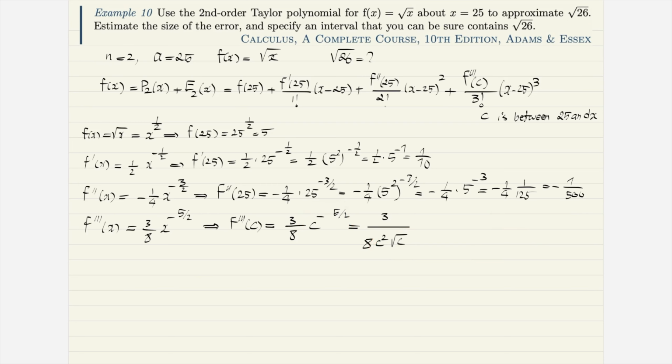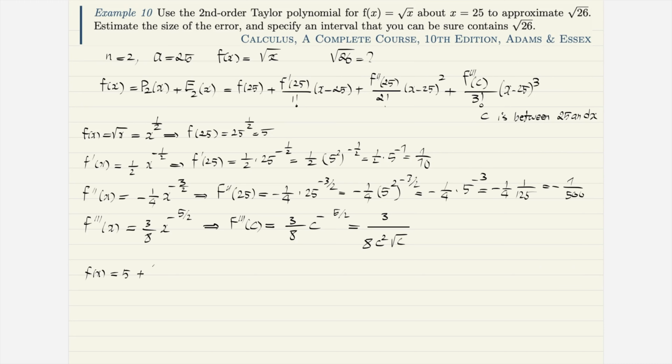Now, if I plug all these numbers and these expressions back into my formula, then I will have f of x is equal to, let me write it a little bit lower. So f of x is equal to f of 25, which is 5, plus f prime of 25, which is 1 over 10, divided by 1 factorial.